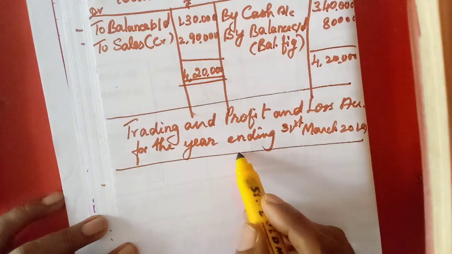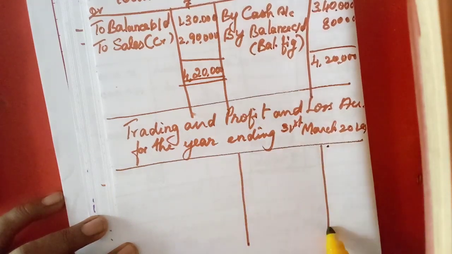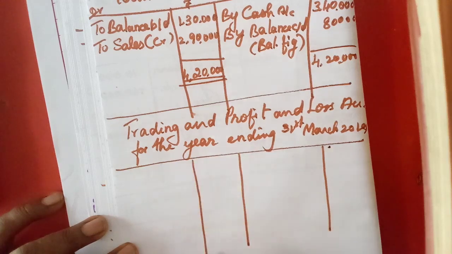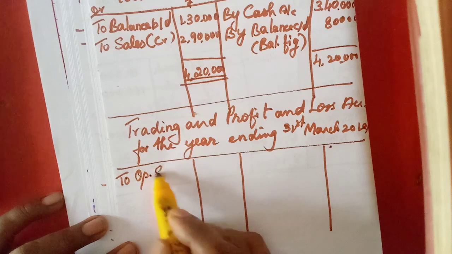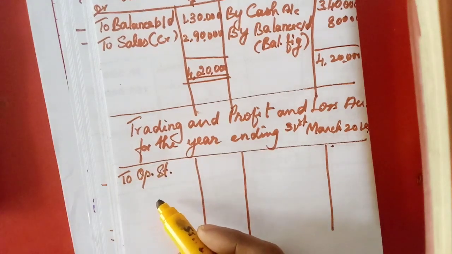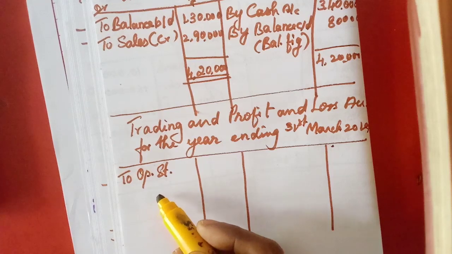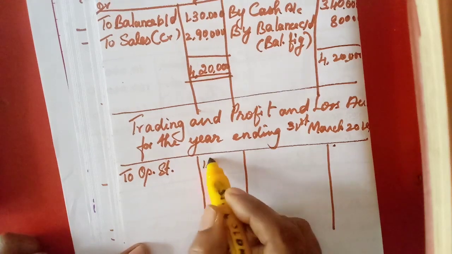The same way. The first item is opening stock, that is given in the stock of goods. In the other information, first one, stock of goods, opening 1/4/2018, 1,10,000.